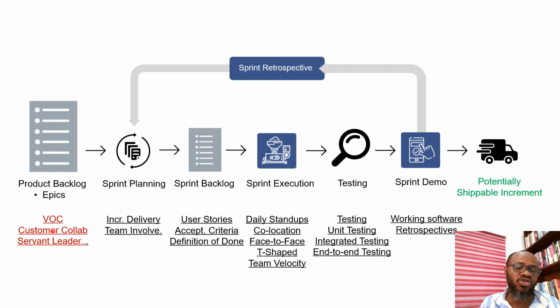Now, another doctrine in Agile is continuous customer collaboration. Like I keep saying, the customer is a regular part of the team. And every time we are communicating with the customer in order to learn of their objectives, if there is any change in priorities, we pick that information.